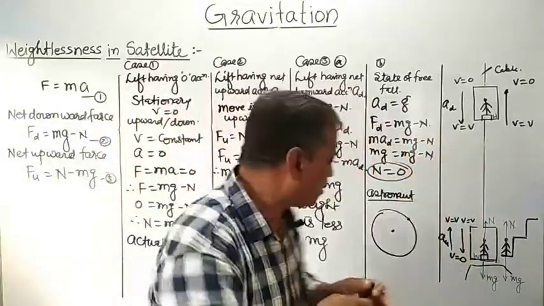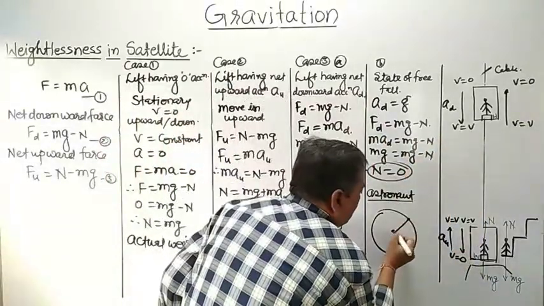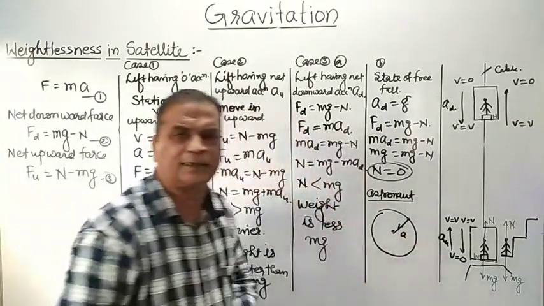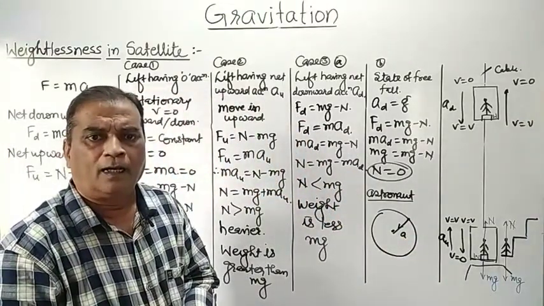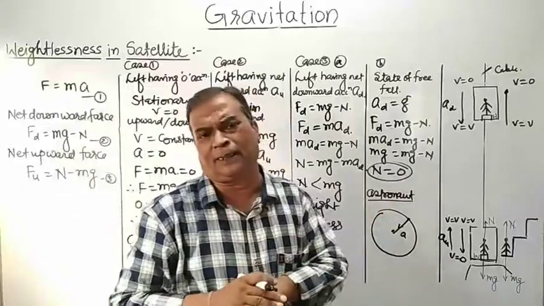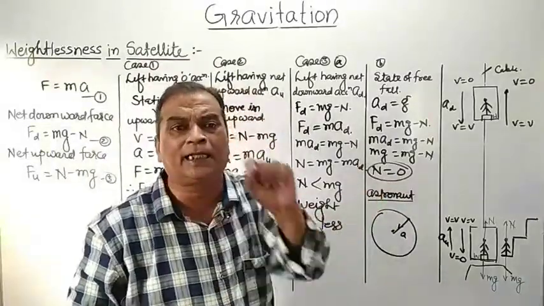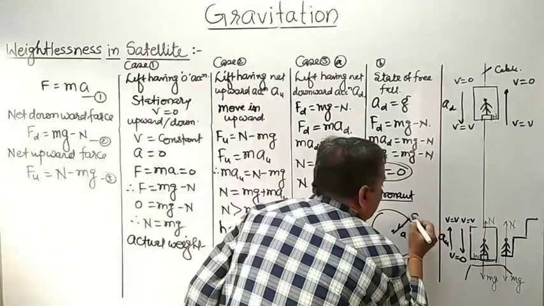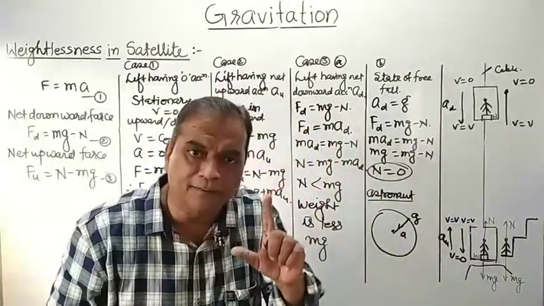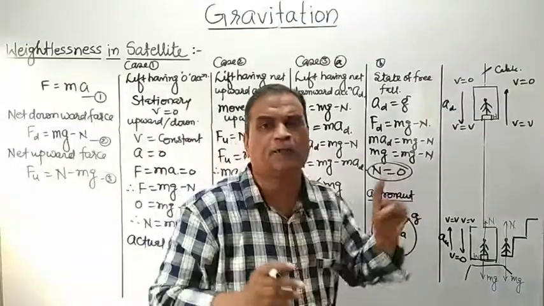Centripetal force, meaning a centripetal acceleration, and the necessary centripetal acceleration required for circular motion of the satellite is provided by the acceleration due to gravity g at the location of the satellite.